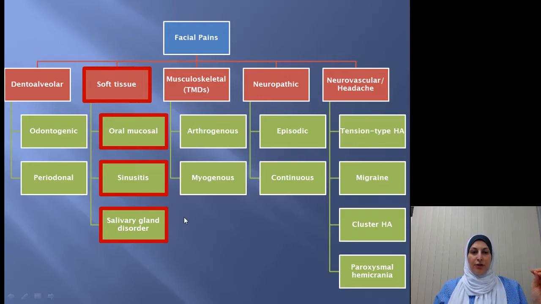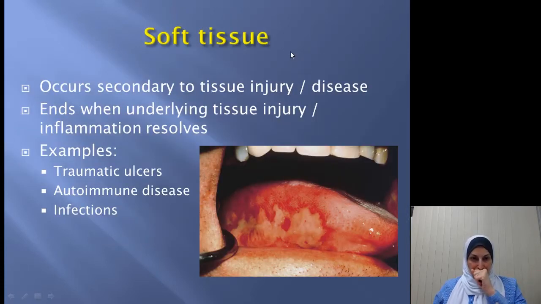So going back to the first part of our lecture, talking about the soft tissue involvement in the orofacial area. This includes mucosal injury or lesions. This is actually the simplest type of lesion to identify and diagnose, because you can see the lesion and you can identify that there's an ulcer, a nodule, or maybe a growth, and this is the source of pain.